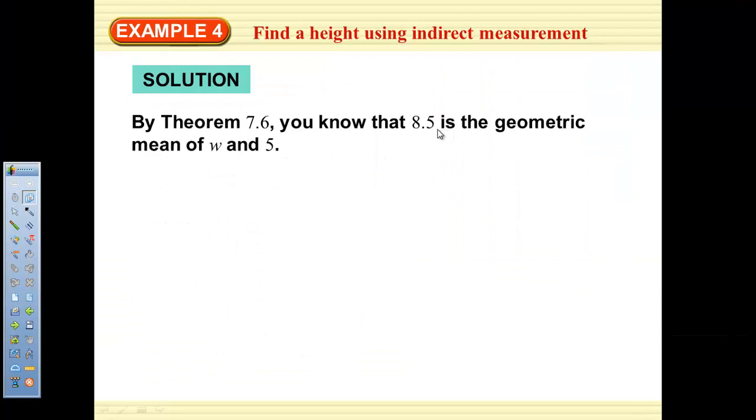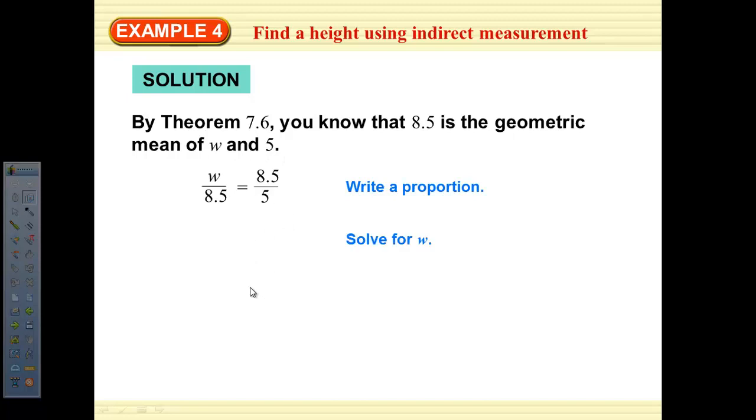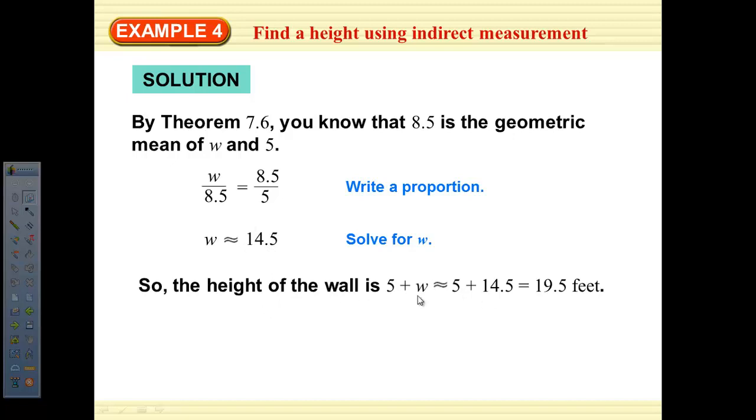So again, we know 8.5 is the geometric mean of W and 5, so we write something like that. Cross multiplying, we get that, and we get our answer is 14.5 approximately. I got 14.45. They rounded. I wouldn't round. So there we go. We get 5 plus the 14.5 gives me 19.5.